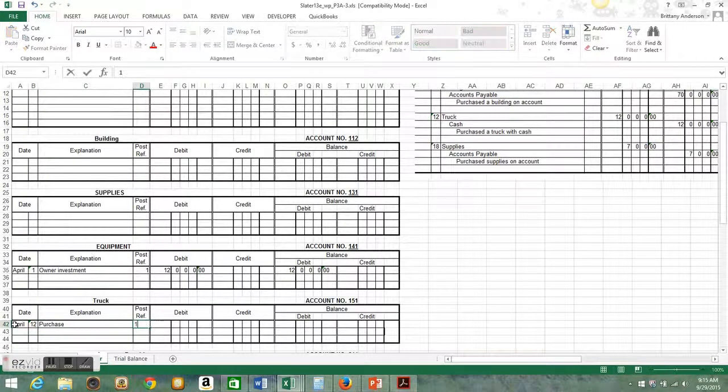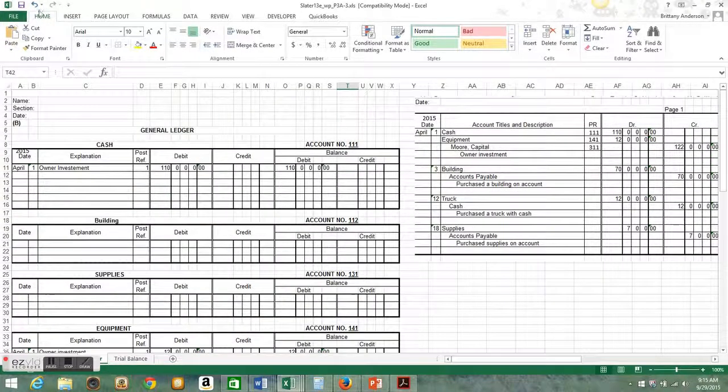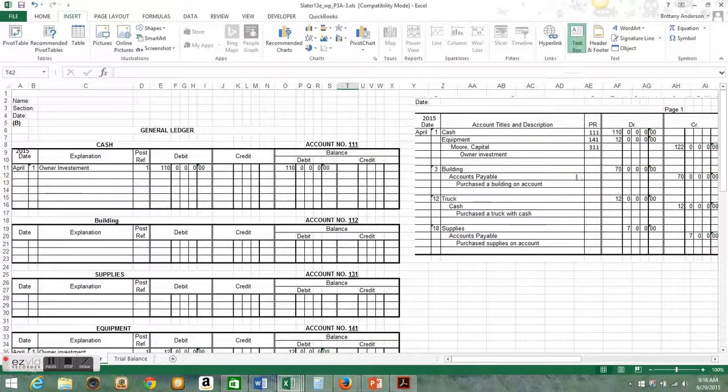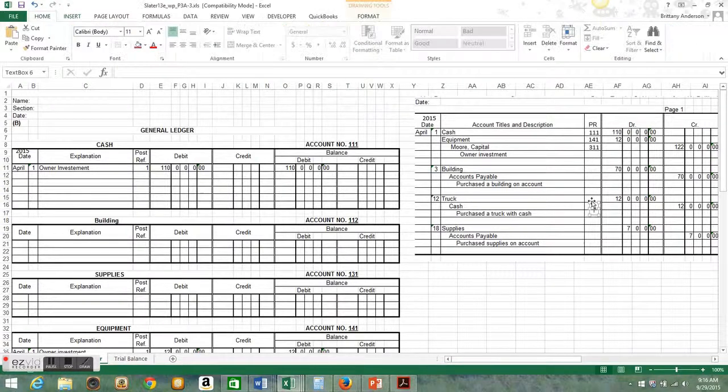Again, it's page 1, and it was for $12,000. So we're just going to put that here. And my account number is 151. And I'm going to put that right here.